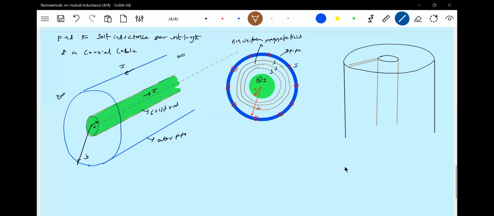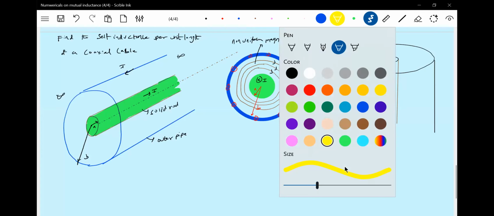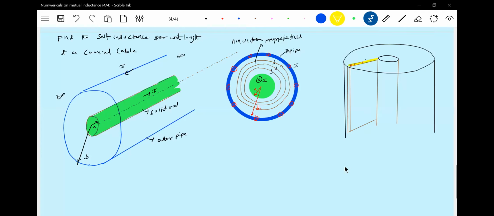Let me assume a strip here. Now look at this strip.